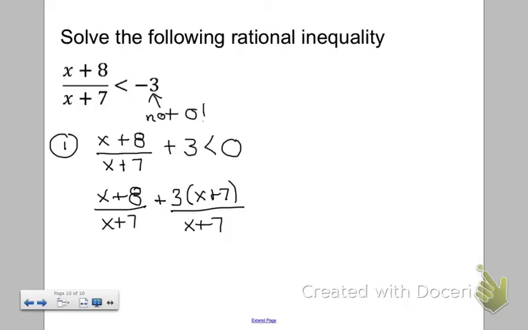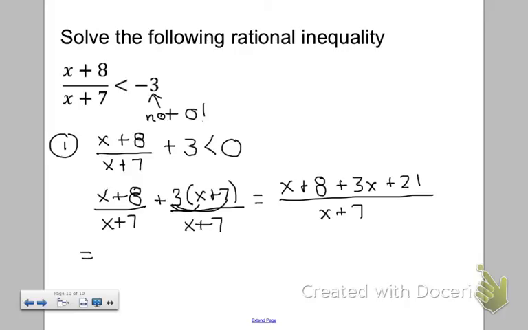Now, in doing that, I end up with a single fraction of x plus 8 plus 3x plus 21 over x plus 7. Let's clean up that numerator. X plus 3x is going to give me 4x. 8 plus 21 is going to give me 29. And it'll be over that single denominator of x plus 7.